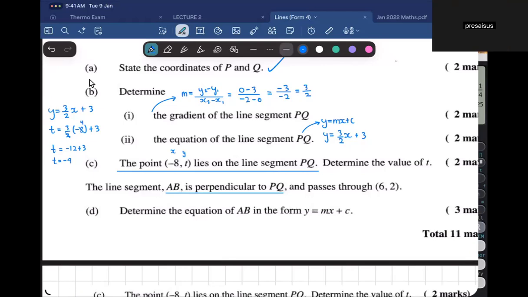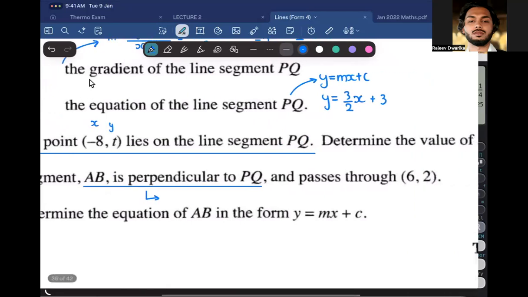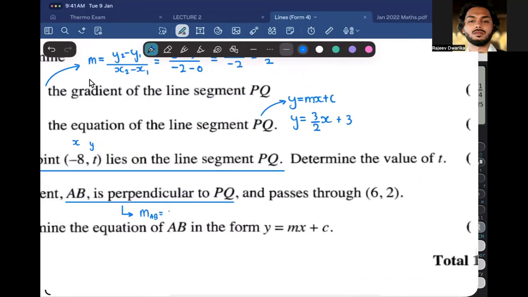It will be negative 2 over 3. Yes. Right? Because it's perpendicular. I forgot to switch it. So the gradient of AB would just be minus 2 over 3.